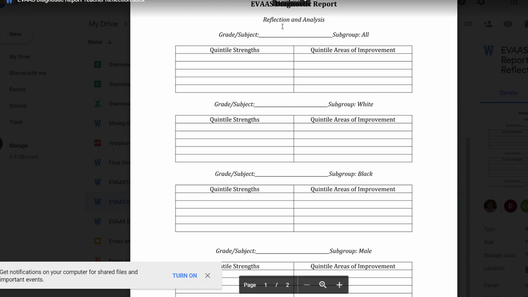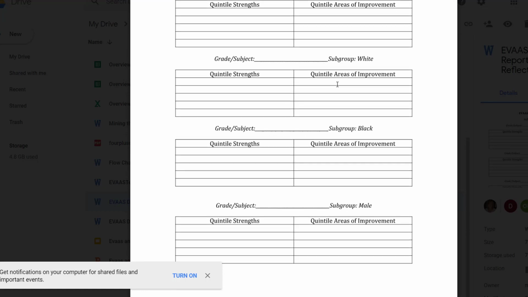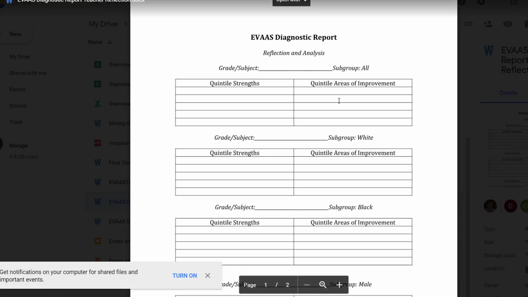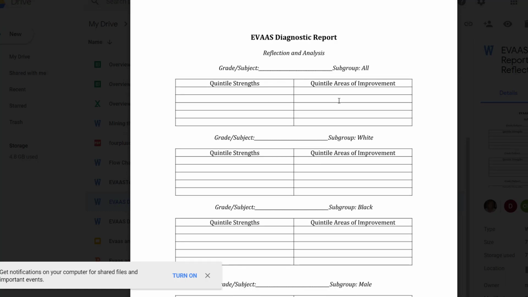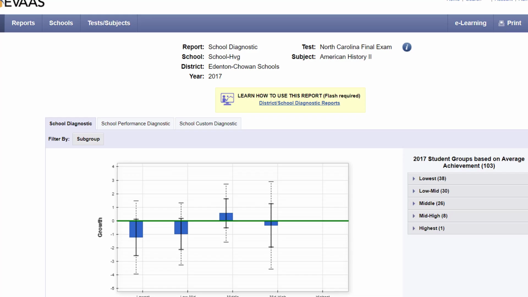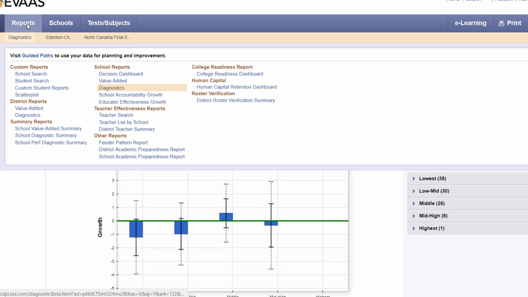So they would put their world history in this blank, or American history, or civics, and then they would go through and say, well, what are my quintile strengths? What are my quintile areas of improvement? And what we were able to determine after we went through and we did all the quintile strengths and areas for improvement was that in our history department, we were not meeting the needs of our lowest performing students, but we were meeting the needs of our highest performing students.